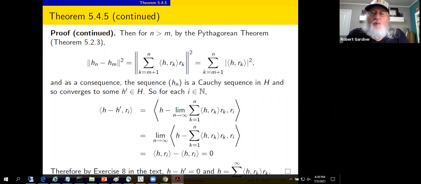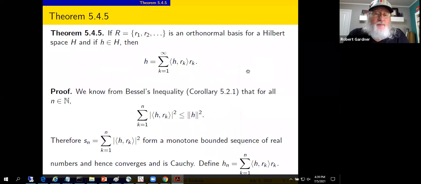So we know this relates to that sequence from the previous slide. This relates to sequences of real numbers. Let me go back to the previous slide. Yeah, this relates to this sequence here. In fact, it relates to the Cauchiness concept for this sequence here.